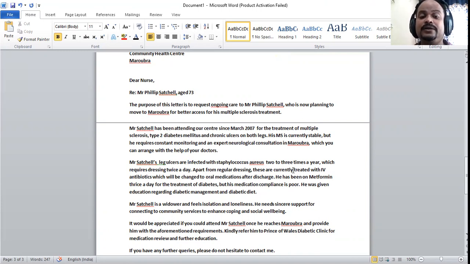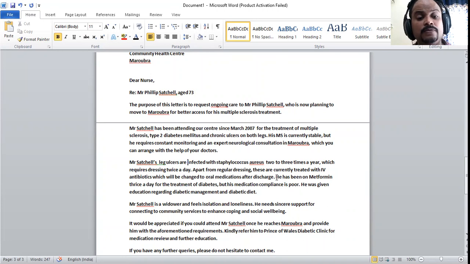We are treating these ulcers with IV antibiotics, apart from regular dressings, and this will be changed to oral medications after discharge. After discharge, these medications will be changed to oral antibiotics.